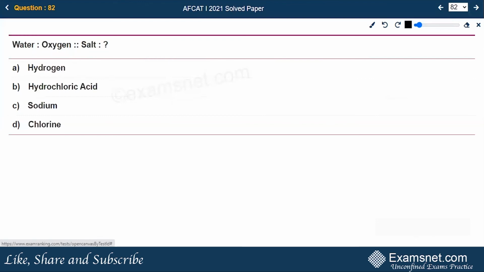Next, question number 82. Water is related to oxygen in the same way salt is related to hydrogen, hydrochloric acid, sodium, chlorine. First of all, see water. The chemical formula of water is H2O. When water is ionized, right, electric current is passed through water, it dissociates to form hydrogen and oxide ions. These are the two ions which are formed when water is ionized.